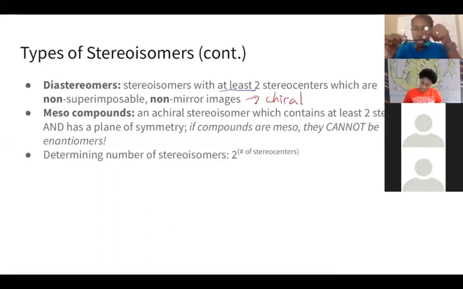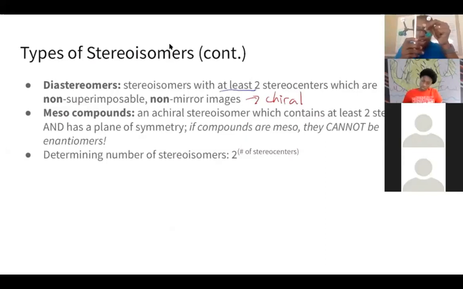Can anyone tell me, either out loud or in the chat, where a plane of symmetry might be on this meso compound or meso stereoisomer? Between the bonds of carbon? Yeah, between the sides of the carbon. If I take a line and draw it right between this central carbon bond, I would have 2 sides of the molecule that are the exact same.